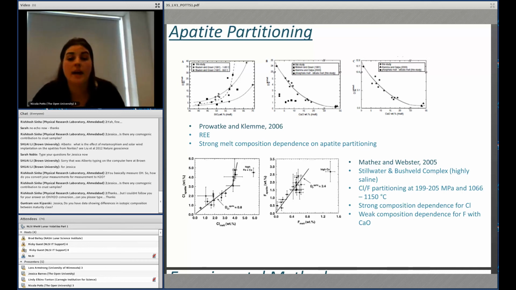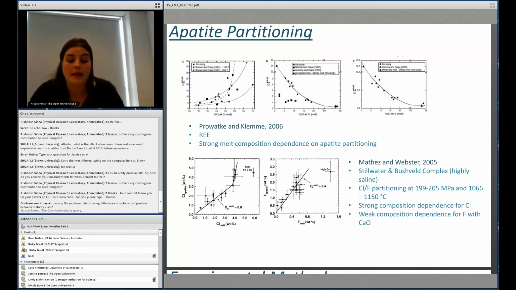They were looking specifically at the Stillwater and Bushveld complex, which is a highly saline complex. They were looking at chlorine and fluorine partitioning, but they were using quite low pressure and relatively low temperatures. What they did find, though, was a really strong composition dependence for chlorine, but they didn't really find much composition dependence for fluorine, apart from a weak one with calcium oxide.